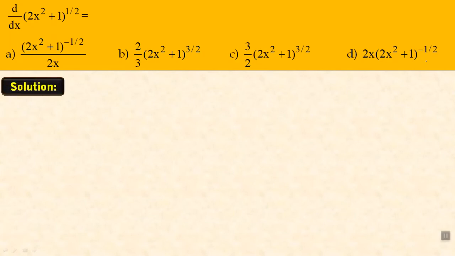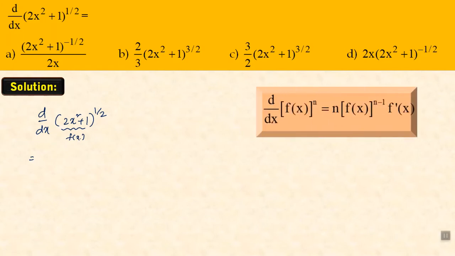Let us find this. D by dx of 2x square plus 1 whole power 1 by 2 is equals to. Here consider 2x square plus 1 as f of x. D by dx of f of x whole power n is equals to n, that is 1 by 2, into f of x, that is 2x square plus 1 whole power n minus 1, that is 1 by 2 minus 1, into f dash of x, that is d by dx of 2x square plus 1.